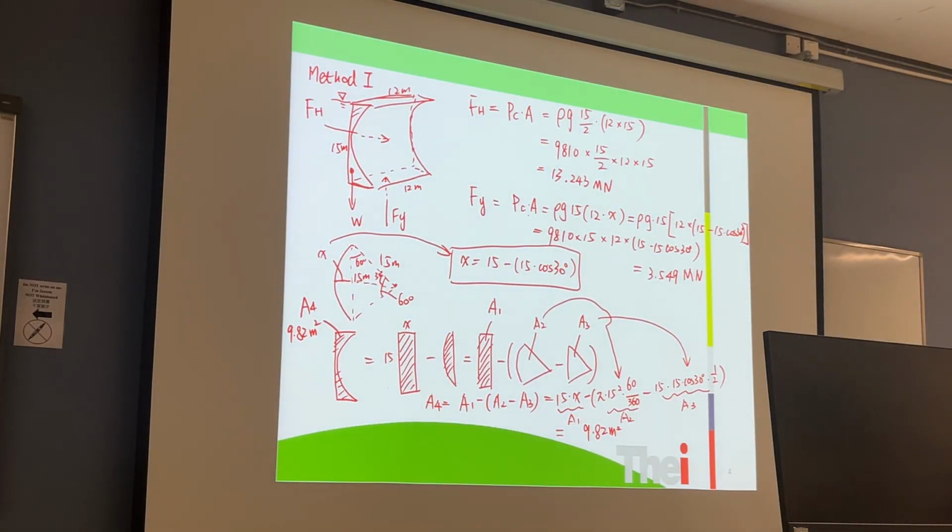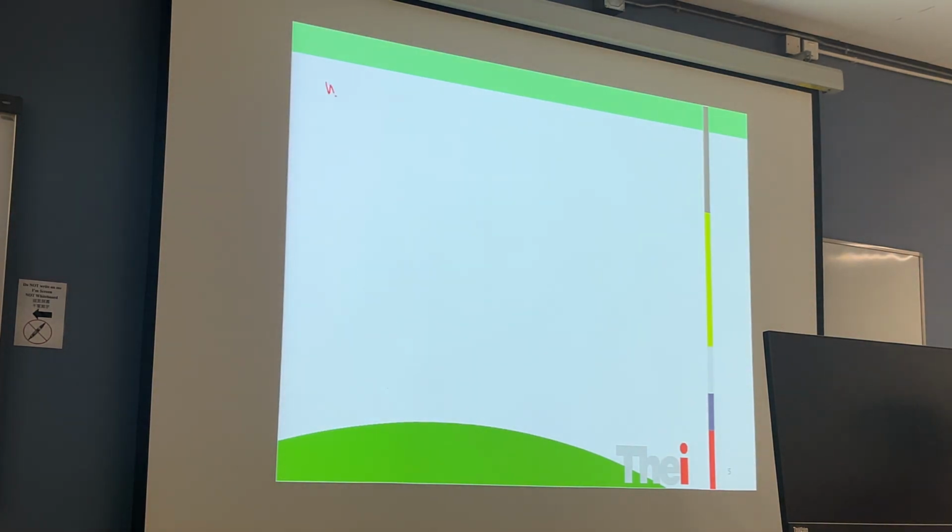Now, the area is determined, so after that, we will calculate the self-weight. It will be equal to rho g of water times the length of the gate, which is 12 meters, times the area A4.